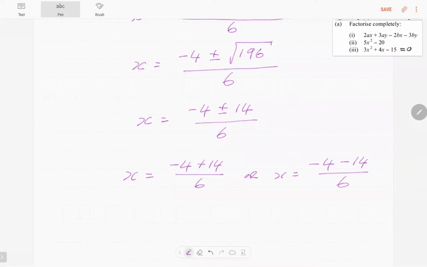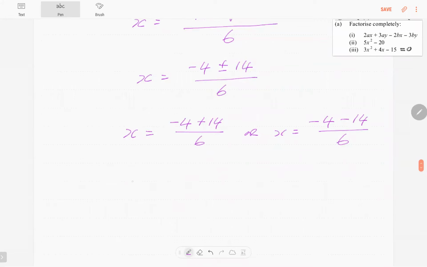over 6. All right, and so x equals minus 4 plus 14 is 10. Same as 14 minus 4 is 10. 10 over 6. Or x equals minus 4 minus 14 is minus 18 over 6. Minus 18 over 6.